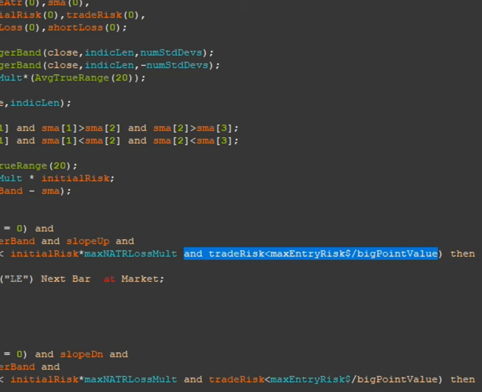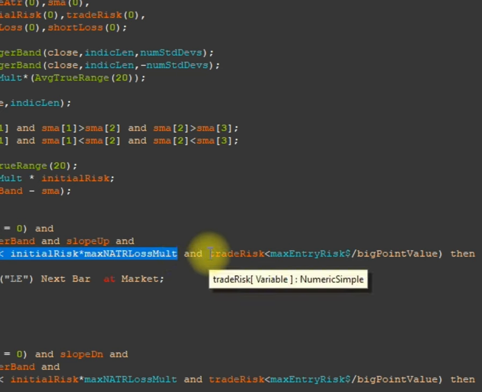Well, in this case, we're going to use a trade risk. We're going to use the max entry risk dollars. And I like putting a dollar sign on it so that I know that's going to be dollars, and I have to divide by big point value to get the number that I'm looking for. So I want trade risk, which is an amount of points, or market amount, and I want to make sure that it is less than 3 times the average true range, and I also want to have a ceiling on this.